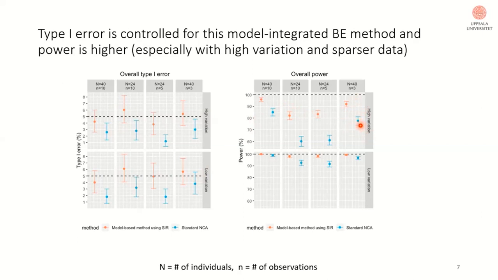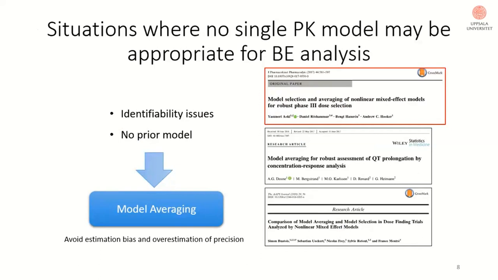And in the high variation and sparser data situations, we actually see a dramatic increase in power for the model-integrated approaches. That simulation study was based on simulating with a model and then estimating with the same model, but then adding in treatment differences in the absorption parameters.